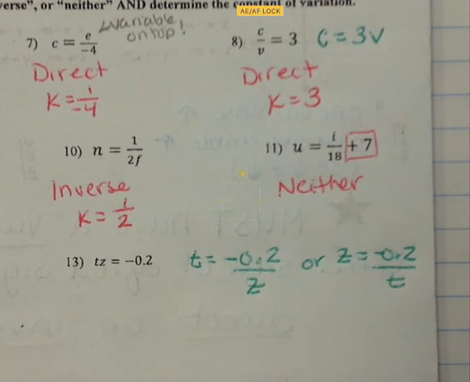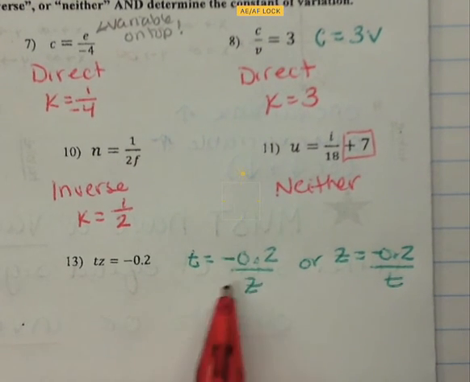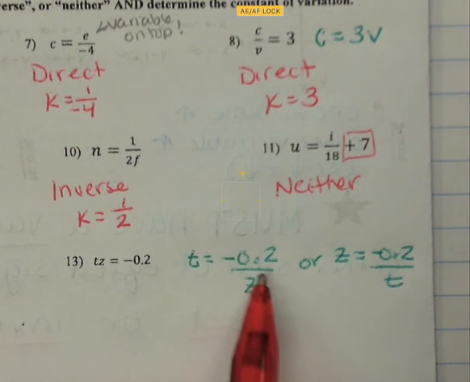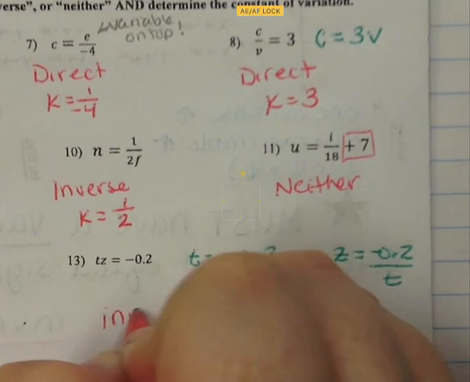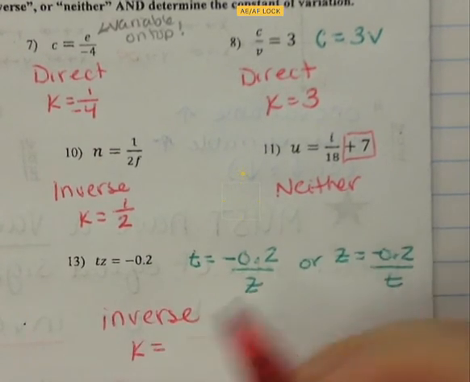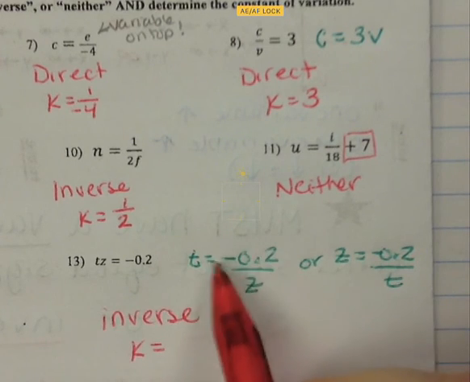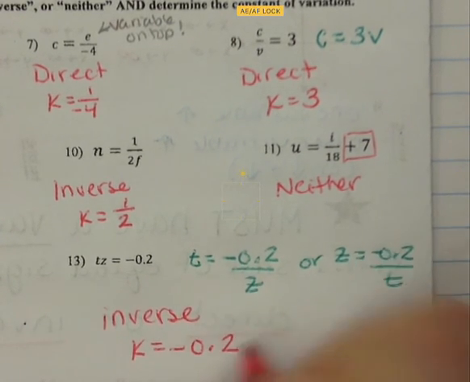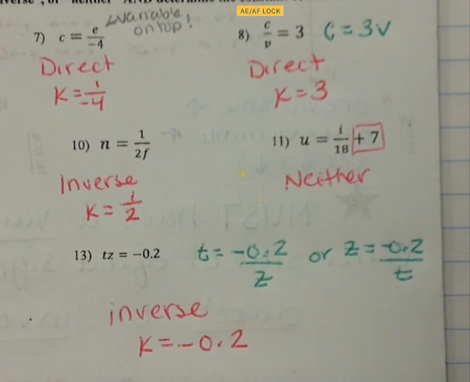So technically, it's still an inverse variation because we have divided by Z and we have divided by T. Either one of these equations is correct, but because T is the one variable alone and the second variable is in the denominator, this is an inverse variation. Now your constant, K equals, the top number is negative 2/10 and the bottom is 1. So negative 2/10 is your constant of variation.